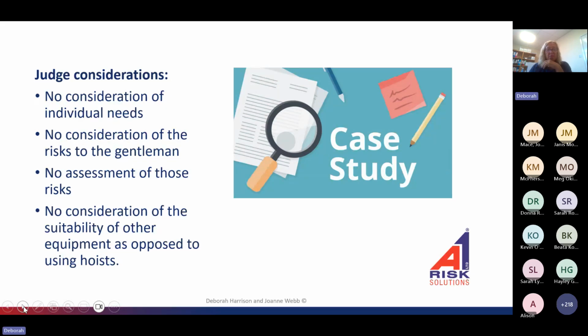In one case in particular, there was no consideration of actual individual needs, no consideration of the risks to the gentleman, no assessment of those risks, and no consideration for the suitability of other equipment as opposed to using hoists.